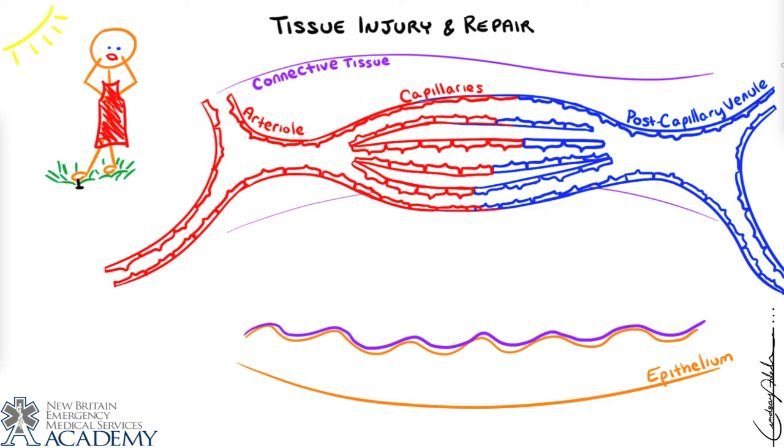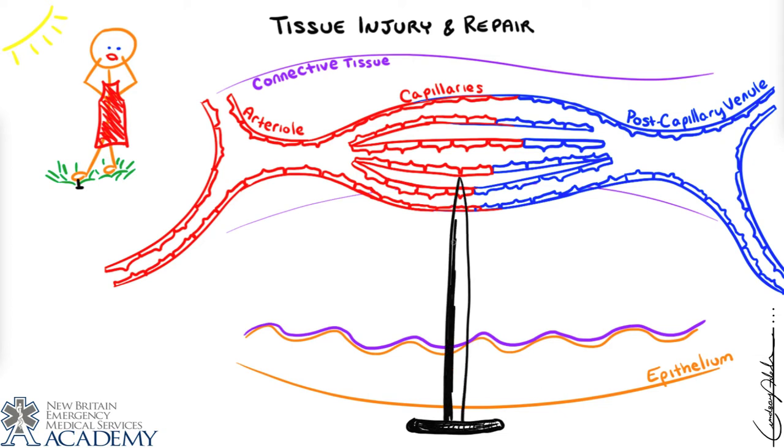In the case of a capillary, that's all we have. There's not any more depth other than those. The same thing is true in the post-capillary venule. We have, with a few exceptions, just a single layer of these endothelial cells. And that's really where the important function lies. So we're going to take a look at all of them.